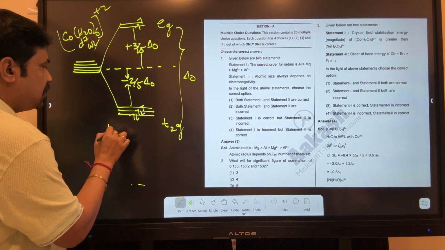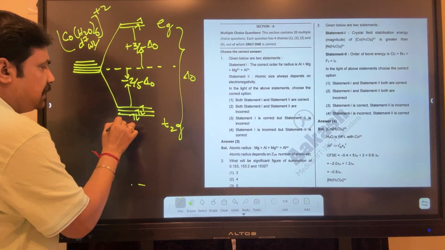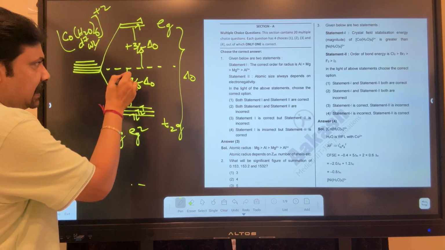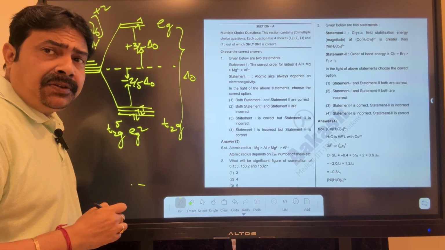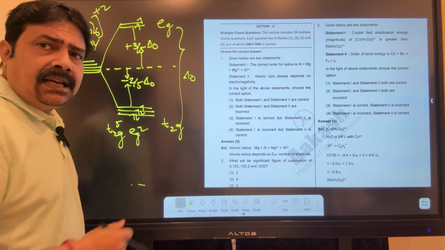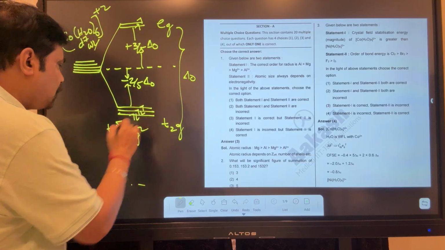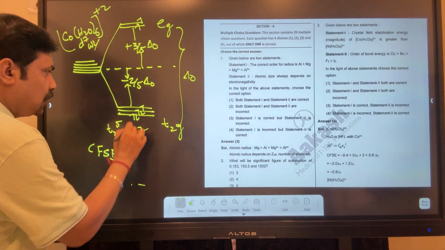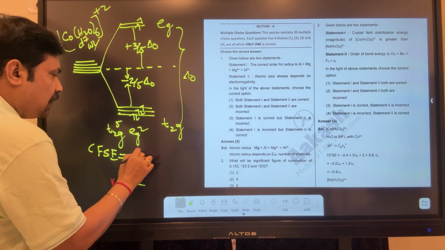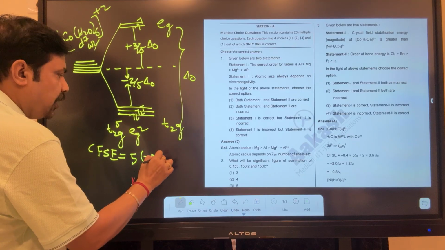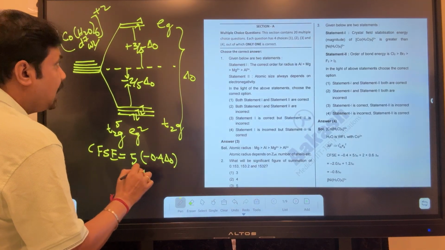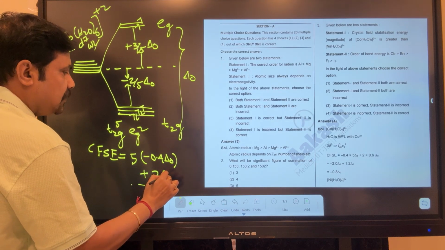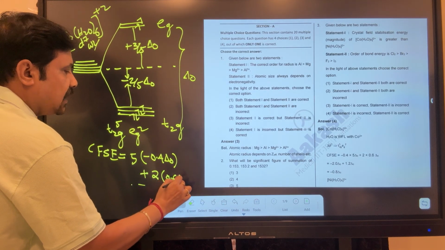That means the situation will be T2g with 5 electrons and Eg with 2. Per electron stabilization is -2/5 delta naught. Since due to the ligand there is no pairing, the CFSE expression will be equal to 5 times -0.4 delta naught plus 2 electrons in Eg, 2 times +0.6 delta naught.